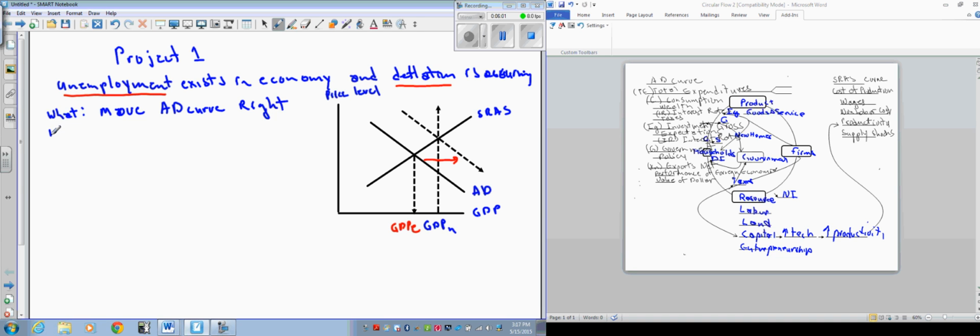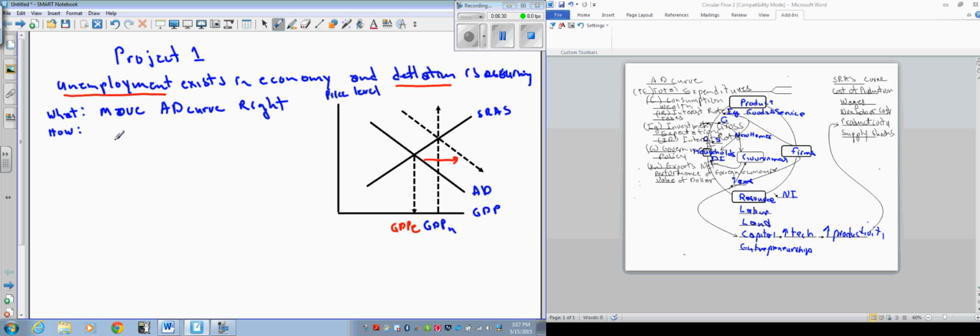Now, how are you going to do it? How you're going to do it is addressing all of these things on this AD curve, as what is going to have to happen to move that AD curve to the right. Now, any one or all of these must occur.